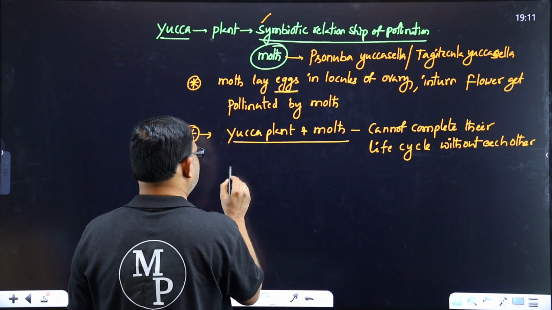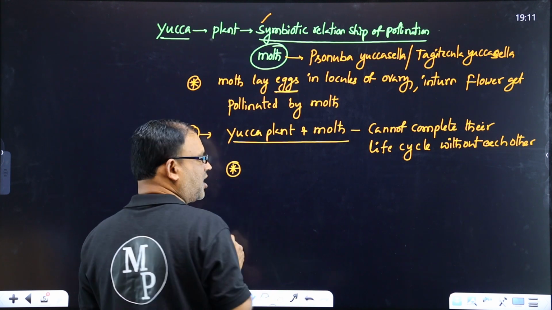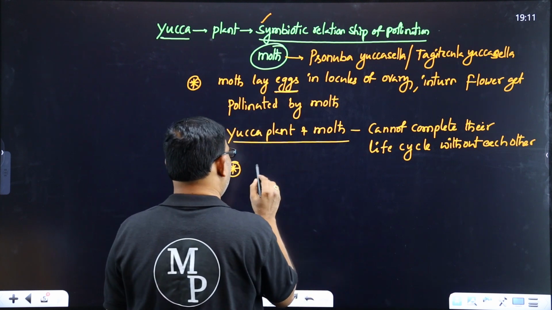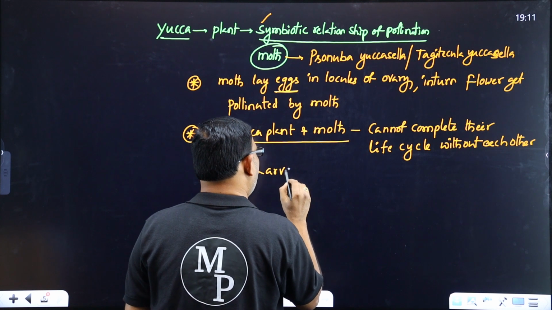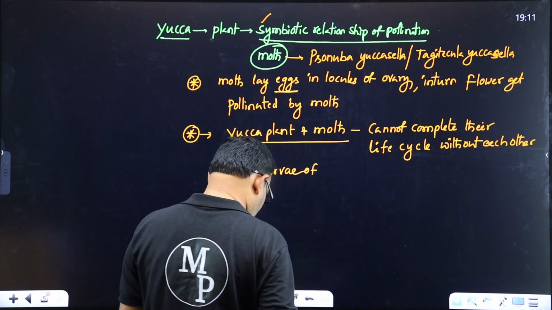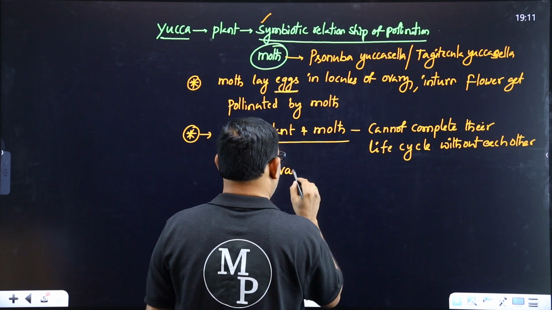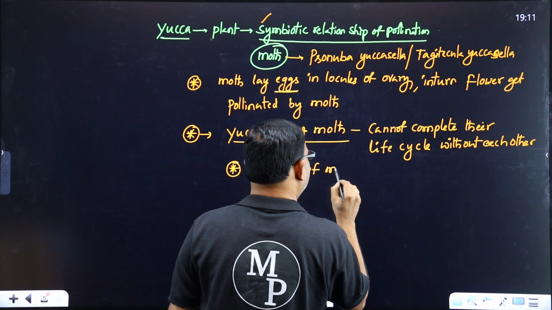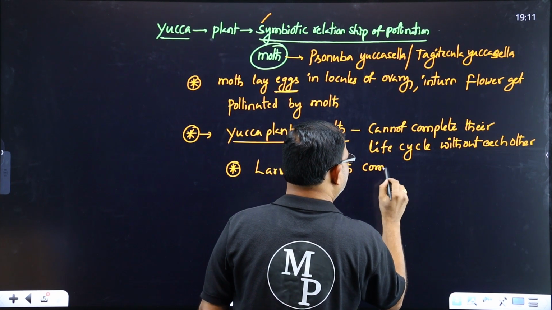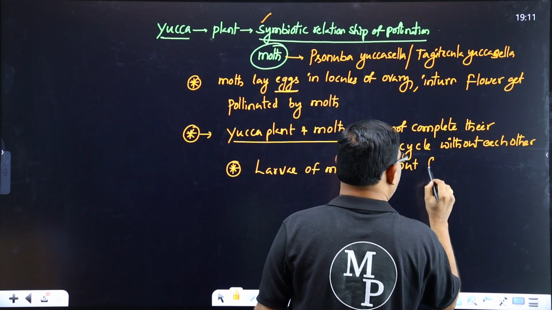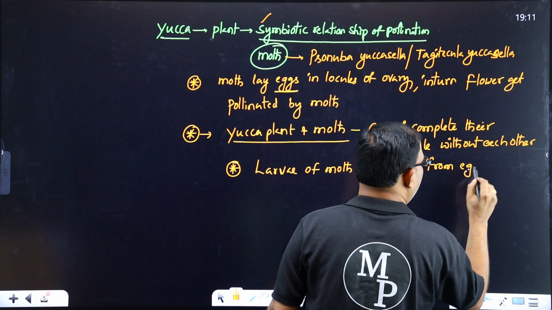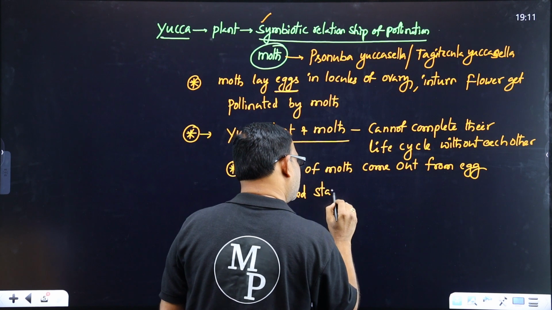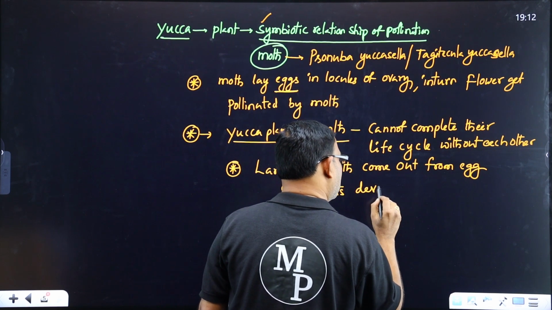The larva of the moth comes out from the egg. Then seed development starts, very important. Larvae of the moth come out from the egg, then the seed starts developing.